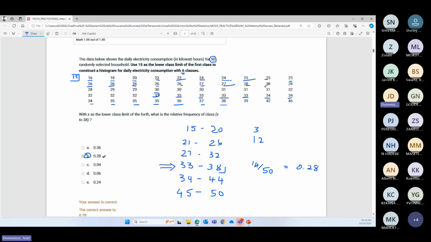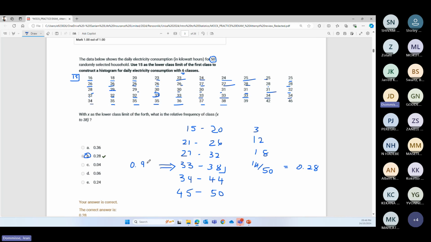Then 1, 2, 3, up to 18. So if it was cumulative frequency, we would add the 3 plus the 12 plus the 18 plus the 14, and that divided by 50 would have given us 0.94.